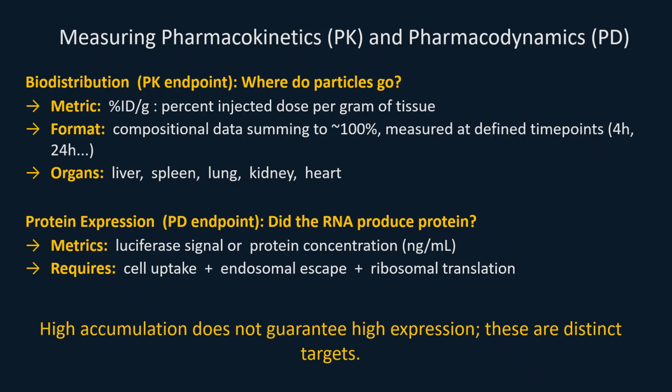So high accumulation does not guarantee high expression. For modeling, this means biodistribution and expression are two separate prediction targets, and a model trained on one will not automatically transfer to the other.